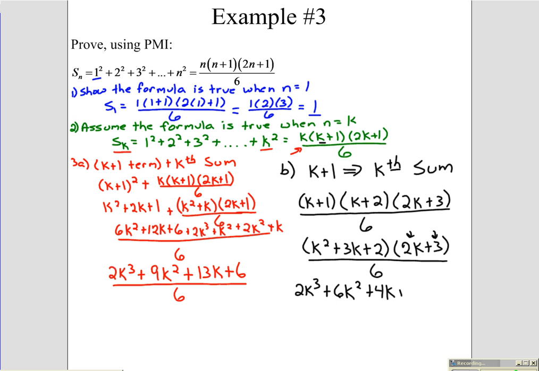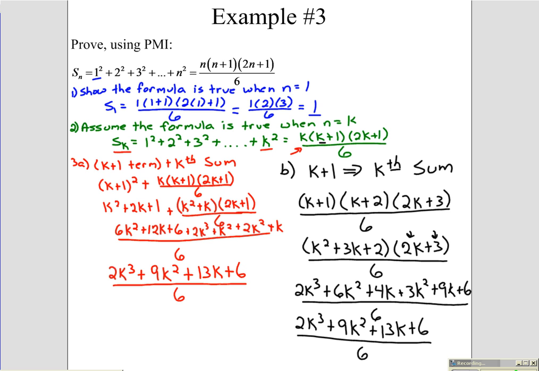Distribute it through to everything. 3k squared plus 9k plus 6 all over 6. And finally collect like terms. 2k cubed plus 9k squared plus 13k plus 6 all over 6. We see that those two things are equal.